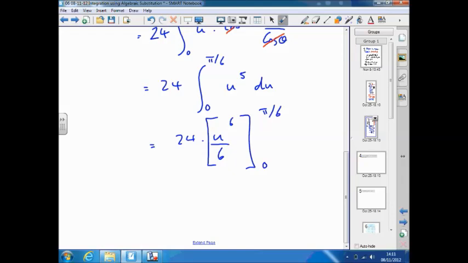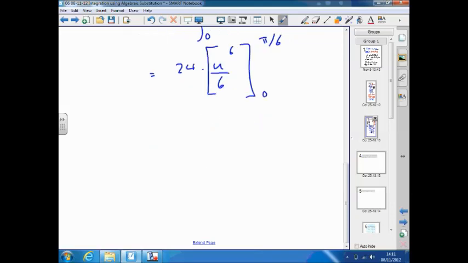The 6 can come outside, because the constant 6 can come outside, so this equals 24 over 6, which is just 4 u to the 6 between 0 and pi over 6. 24 divided by 6 is 4.